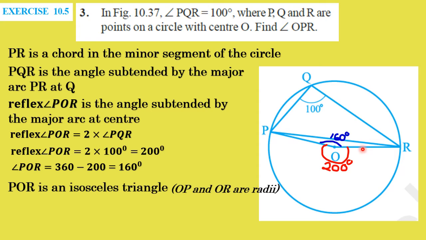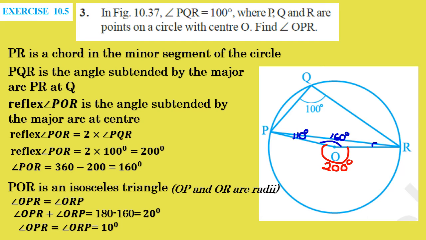So when these two sides are equal, the base angles are also equal. That means angle OPR equals angle ORP. Now, with the angle sum property, the sum of these three angles is 180. So angle OPR plus ORP is equal to 180 minus 160, equal to 20. So each angle will be 10. So that means angle OPR is equal to 10.